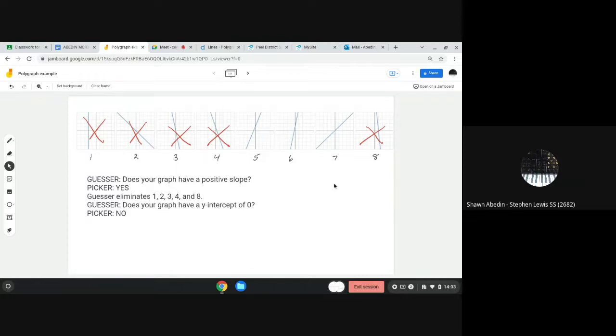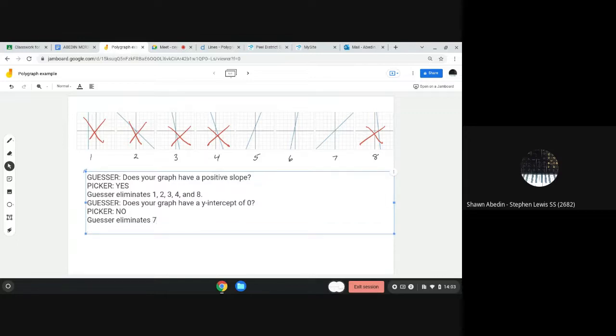So since graph 7 has the y-intercept of 0, what we need to do here is say guesser eliminates seven. So we're down to 2 graphs.